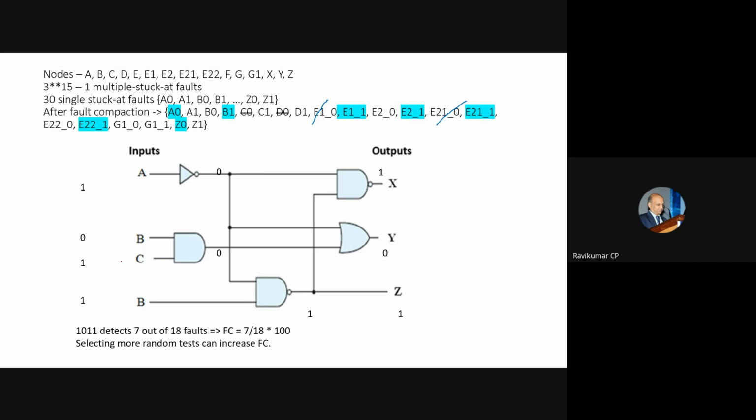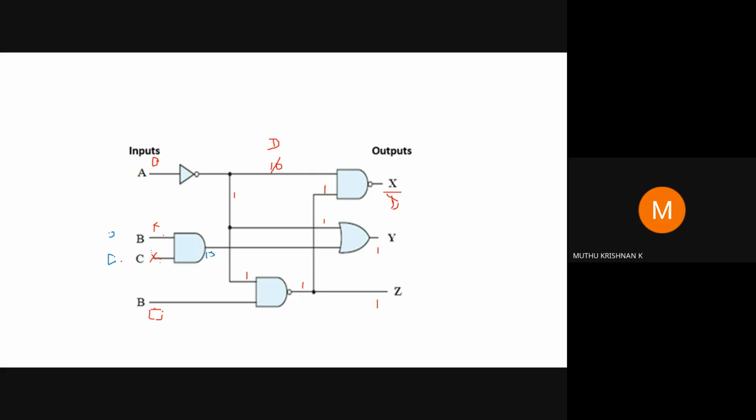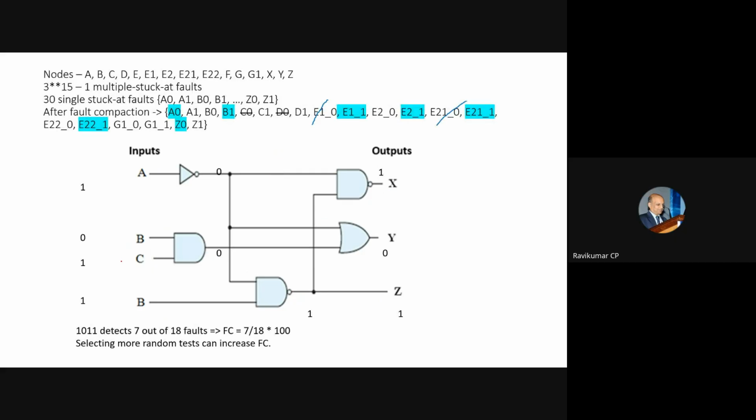What else? Sir, in your stuck-at test, stuck at 0 and stuck at 1, usually what's the chance of it happening? Why would it happen? For example, if A is stuck at 0, this output will be stuck at 1, right?